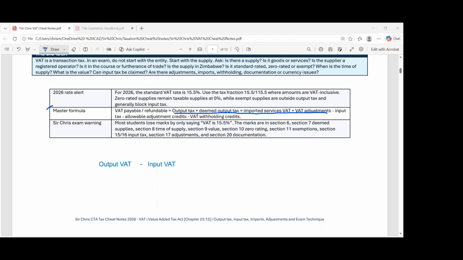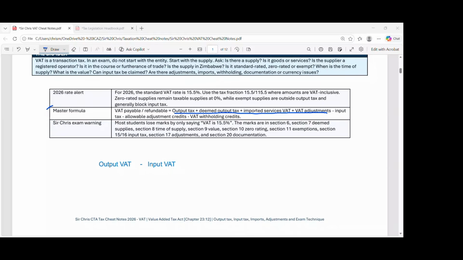Is there a supply of goods, imported goods, imported services, or goods sold through an auctioneer, which is your section 6? Is it a deemed supply, which is your section 7? Is it an output tax adjustment, your section 17? That's the first question. Then the next question is at what rate? Zero rated section 10, exempt section 11. If it does not meet those two, automatically it becomes standard rated.